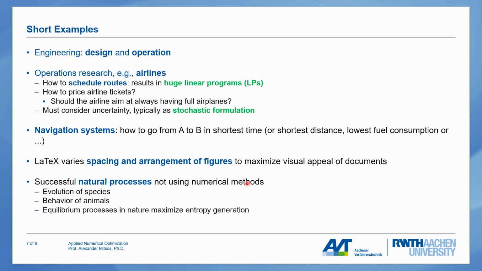If you think of my favorite thermodynamics, equilibrium processes are such that they maximize entropy generation. All of these things run in nature without numerical optimization. And maybe we're wrong, and it's not really an optimization process that we do, and our model of the nature is wrong, but this is our model of the nature.